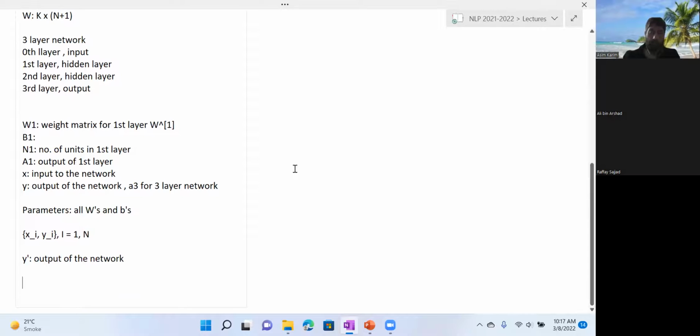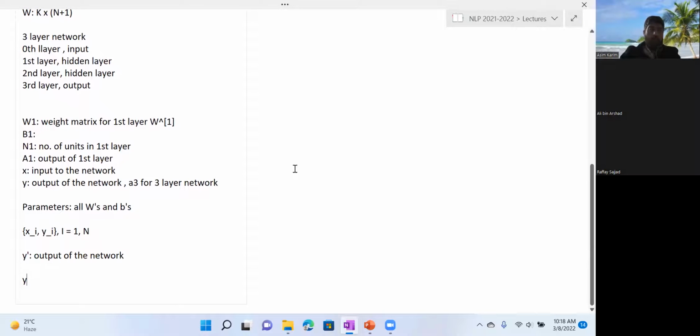For any given x, you have the true value y. So if y is the true value of a given x, then of course y prime is the output, the predicted value.